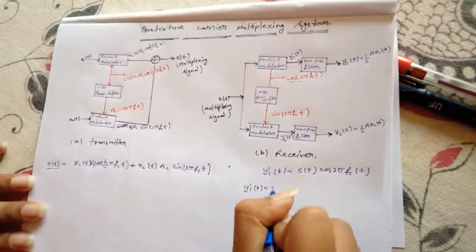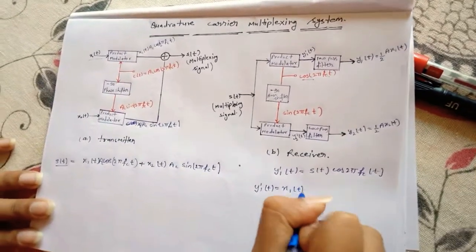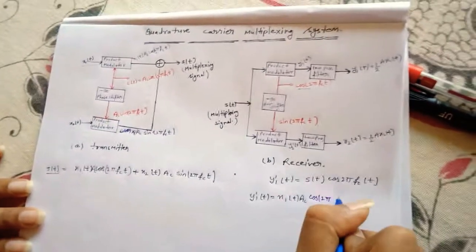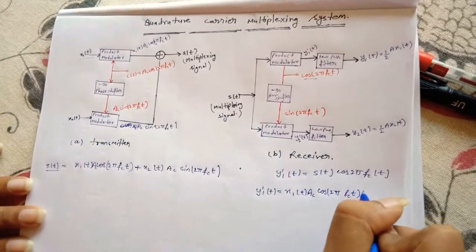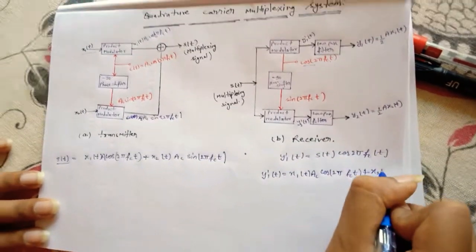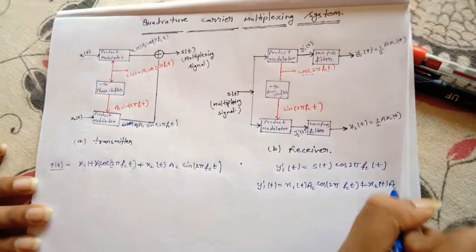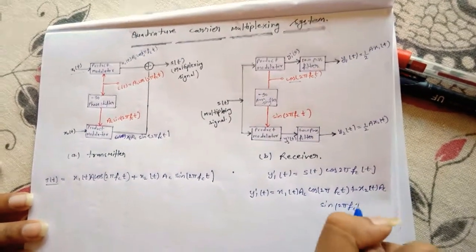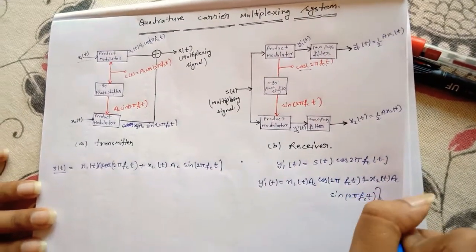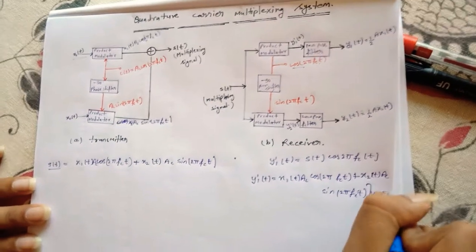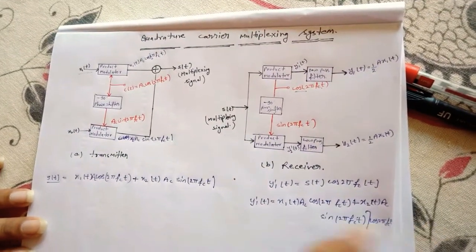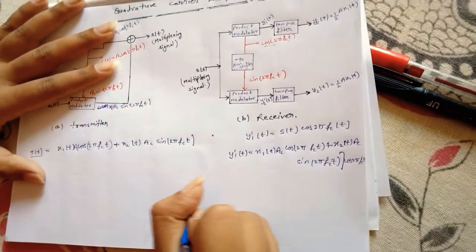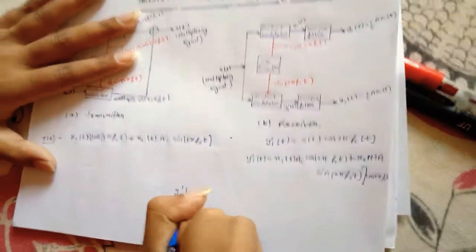What is s(t)? It is x1(t) Ac cos 2πfct plus x2(t) Ac sin 2πfct, multiplied by cos 2πfct.